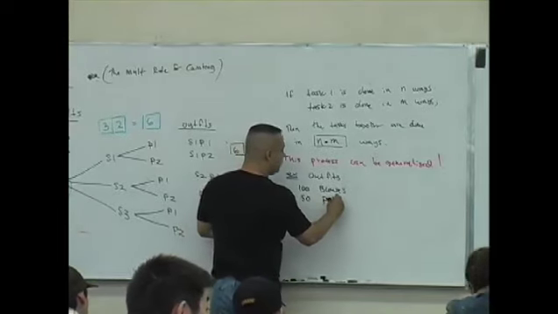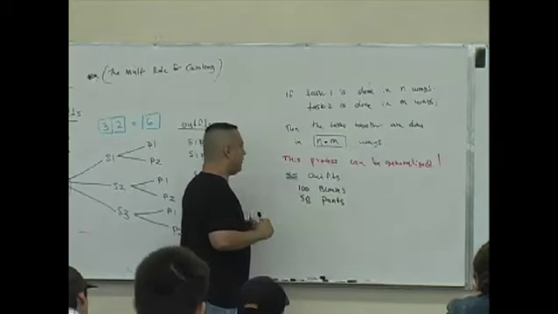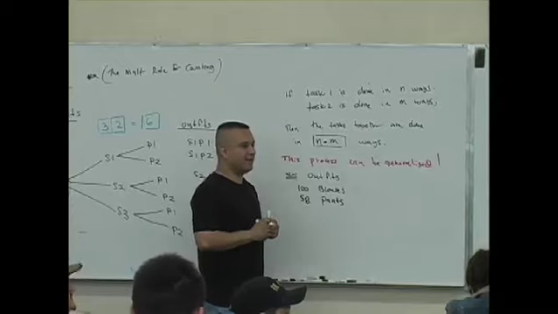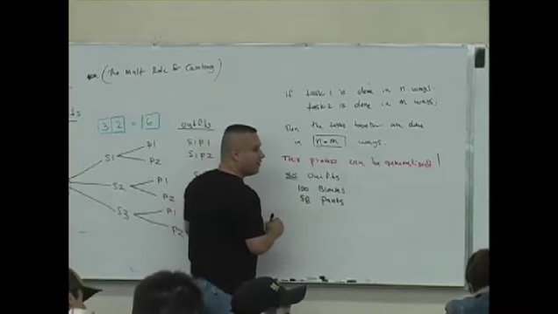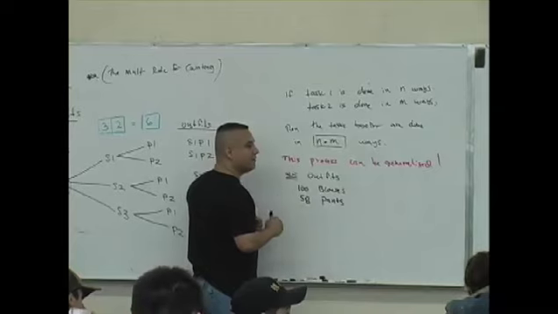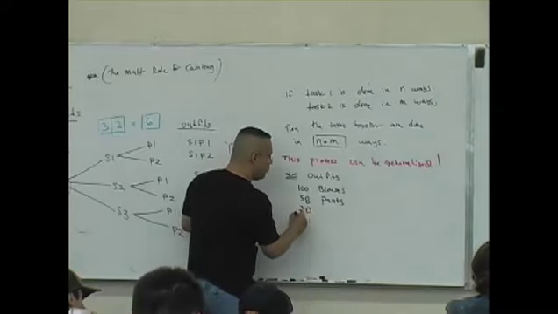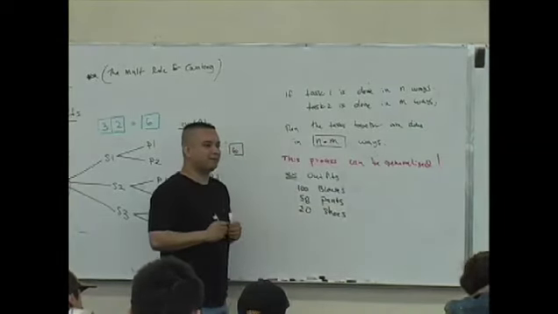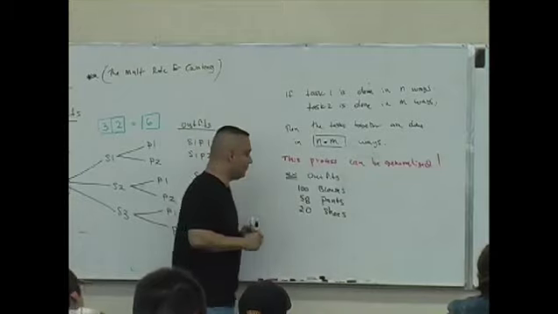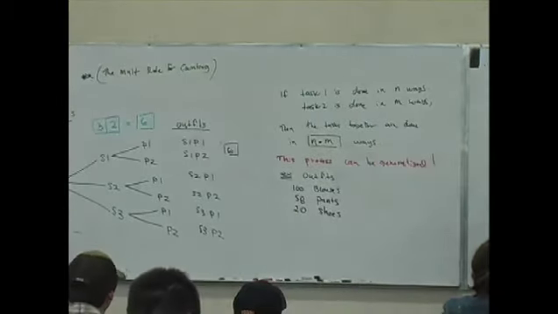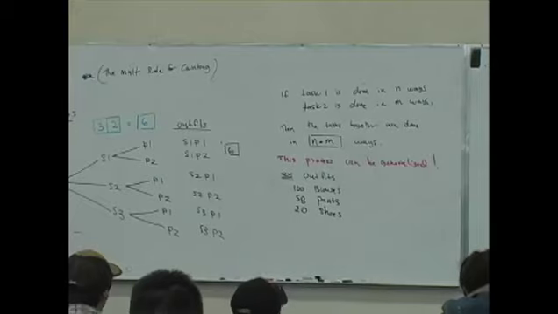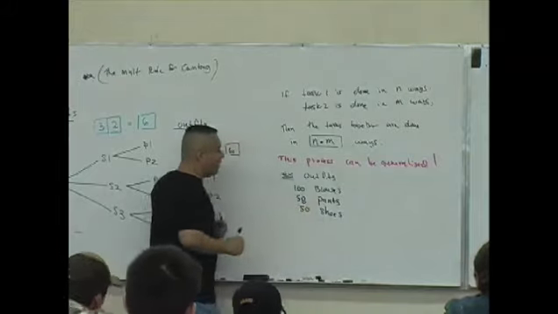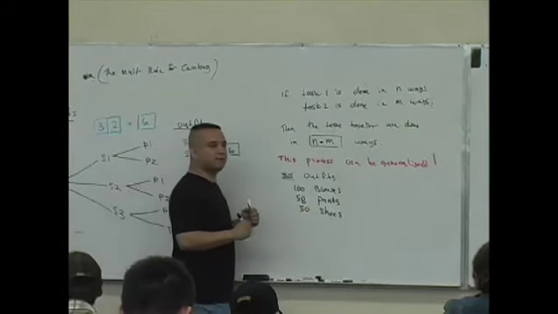How many pairs of pants do you have? 58 pants. How many pairs of shoes do you have? 50 pairs of shoes?